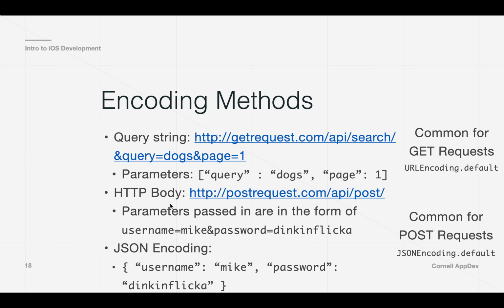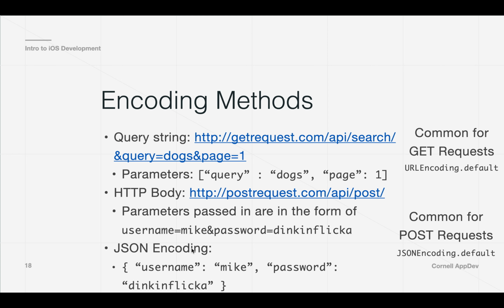And this tends to be a little safer, especially for passing around sensitive information. You don't want to have the username and password directly inputted into the query string or the URL.